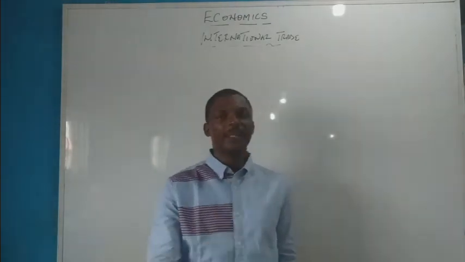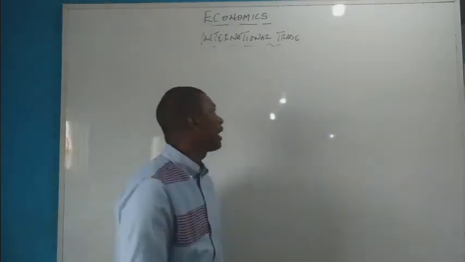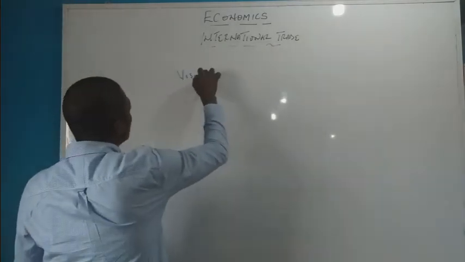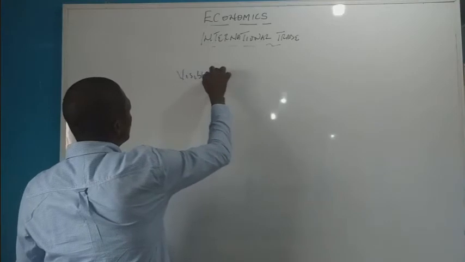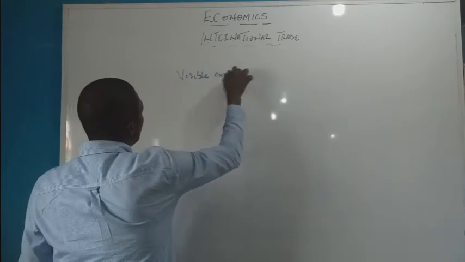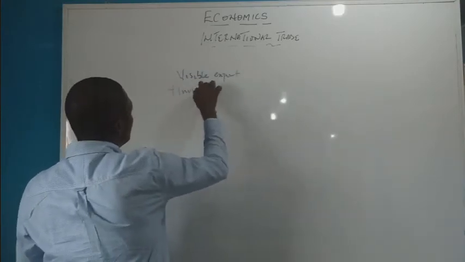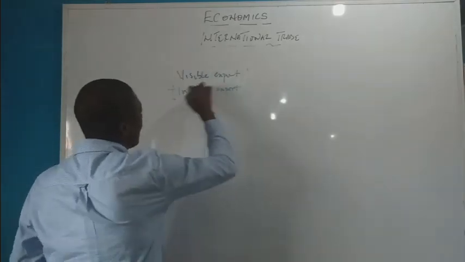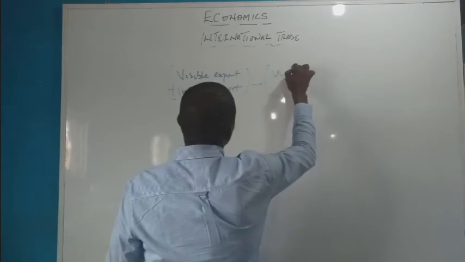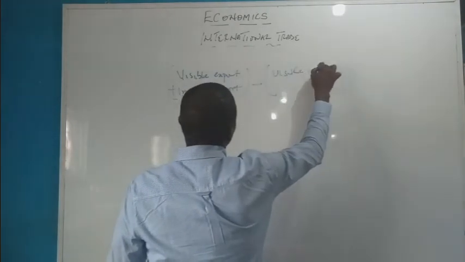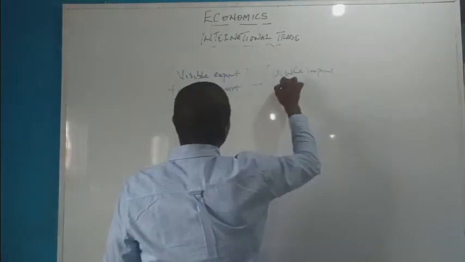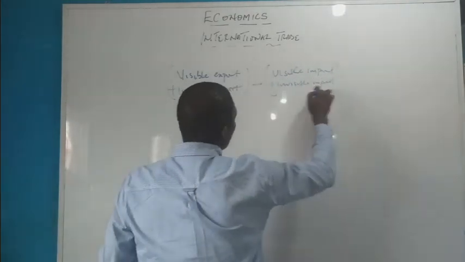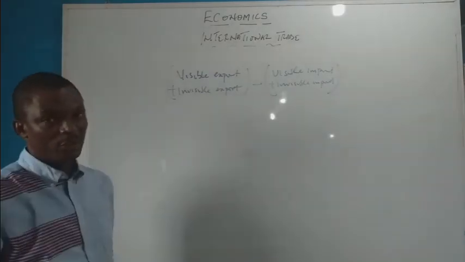Do you understand that? Now, once you are given a question, for example, and you have the visible exports plus invisible exports, minus visible imports plus invisible imports, whatever you get is your balance of payments.